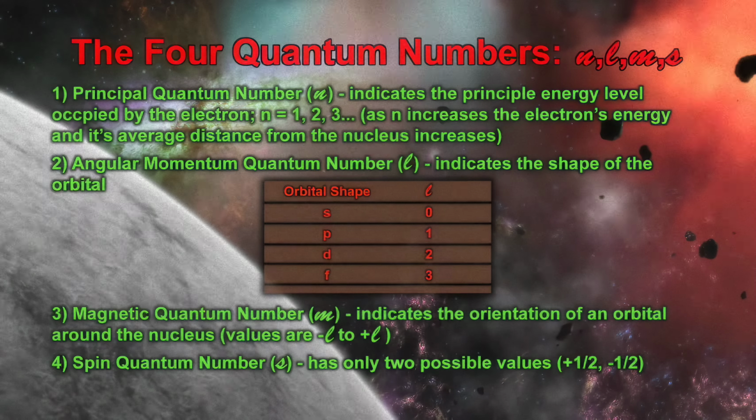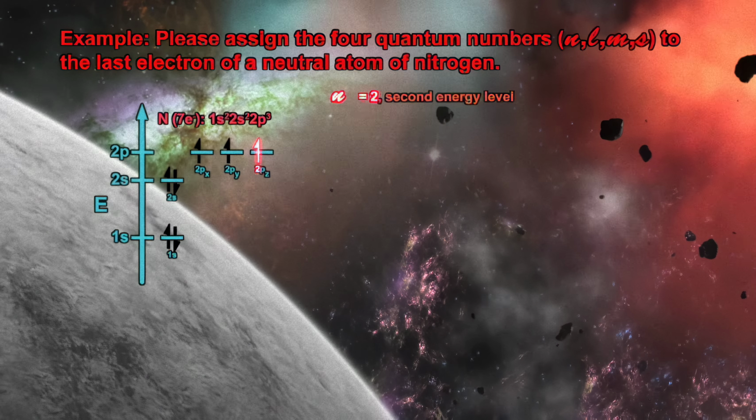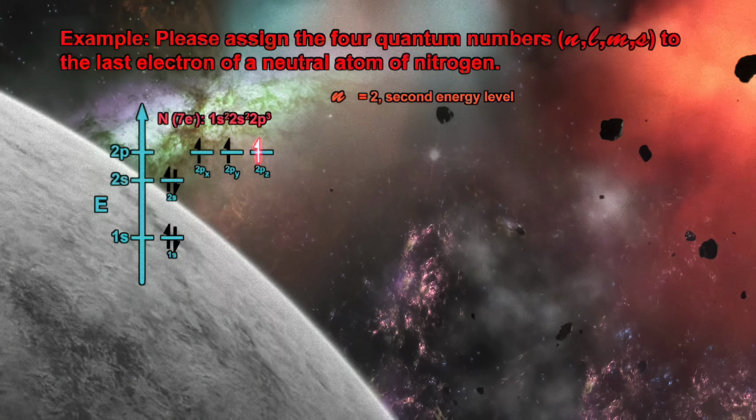After we draw the electron configuration diagram for nitrogen, we see that the last electron occupies a 2p atomic orbital. Thus, the principal quantum number, which represents the energy level, is 2. The second quantum number, the angular momentum number, represents the shape of the orbital, and from the chart, if the electron is in a p orbital, L is equal to 1.